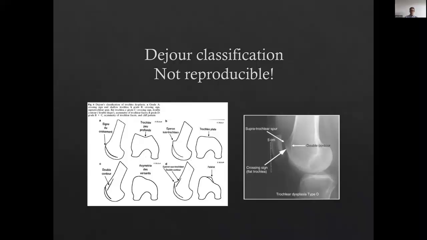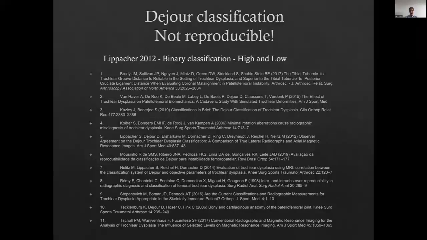It's interesting, but it's not very good to evaluate trochlear dysplasia. There are 11 studies saying that it's not reproducible. However, if you do like Lippacher did together with David Dejour, make it a binary classification with either high or low trochlear dysplasia, it is fairly or well reproducible.